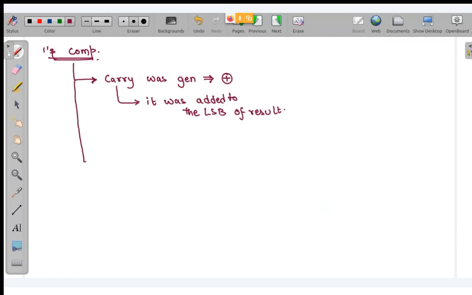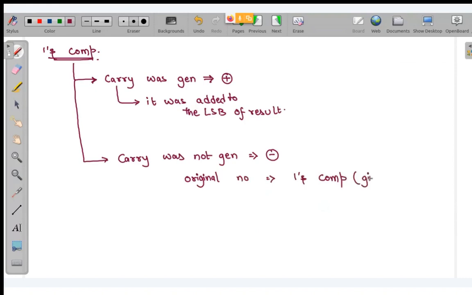If carry was not generated, this implies that the number is negative, and to get the original number we needed to do the 1's complement of the given number that we have.